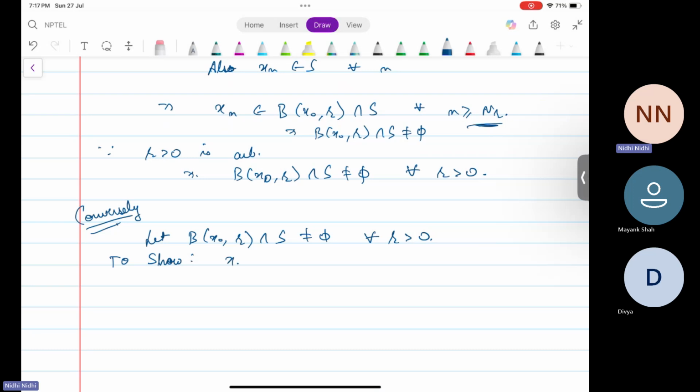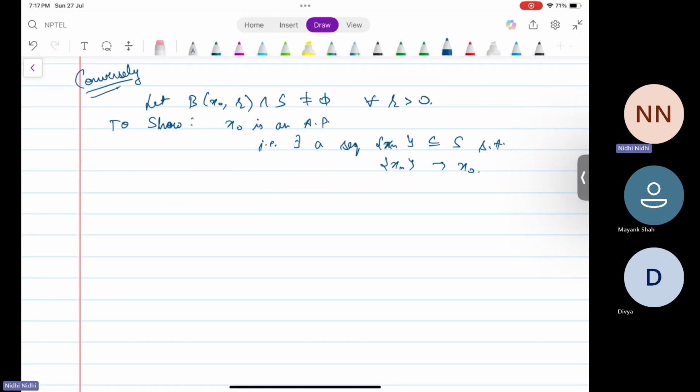That means there exists a sequence xn in S such that xn converges to x naught.